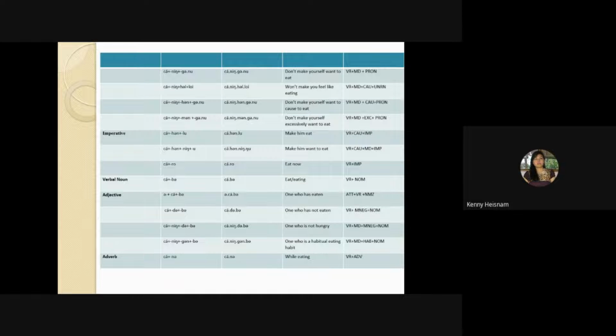In this case, the negative marker te or de changes, a vowel change has occurred. It has been morphologicalized. And chuningdaba, verb root plus mood plus morphologicalized negative plus nominalizer, that is, one who is not hungry. And adverb chana, that is verb root plus adverbial, while eating.